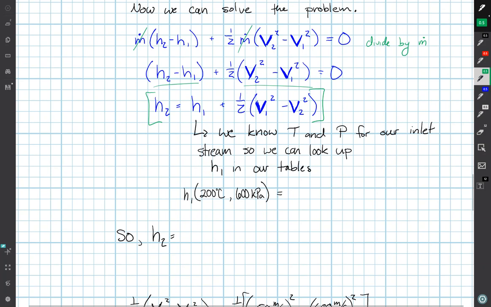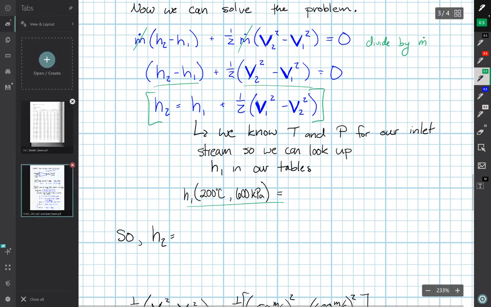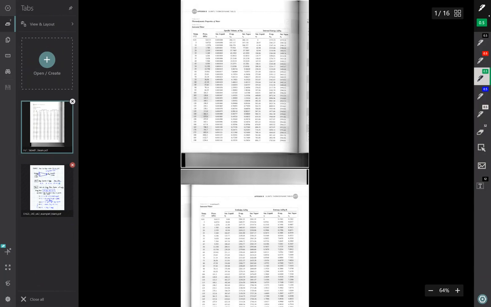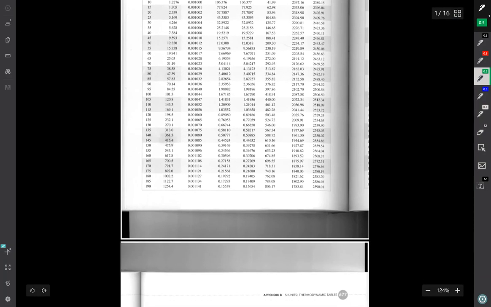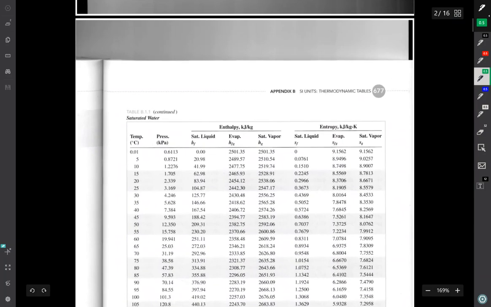So we're looking up H1, it's going to be at 200 degrees C and 600 kilopascal. Okay, 200 C and 600 kilopascal. So let's go to our steam tables. I'm going to flip to steam tables right now. So let's first start looking at 200 degrees Celsius.